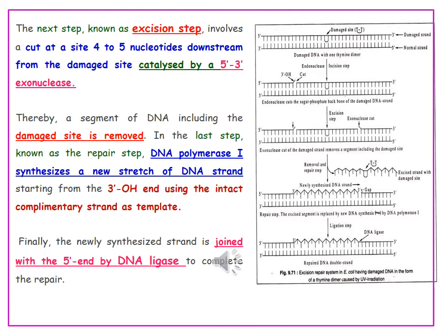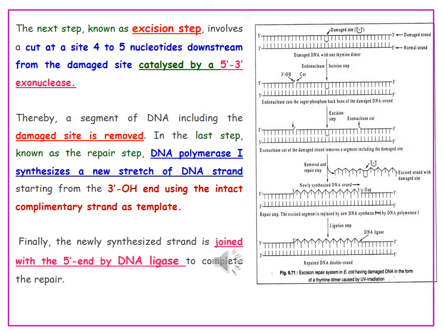The next step is known as the excision step. It involves a cut at a site 4 to 5 nucleotides downstream from the damaged site. This reaction is catalyzed by a 5' to 3' endonuclease. Thereby, a segment of DNA, including the damaged site, is removed. The last step is known as the repair step.